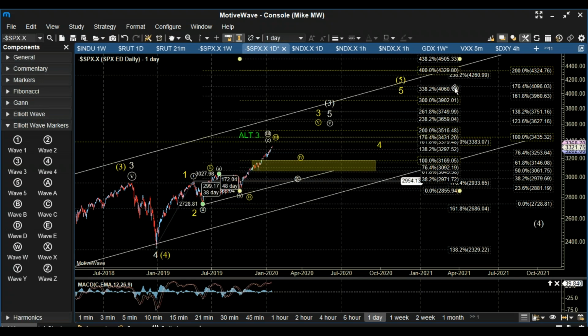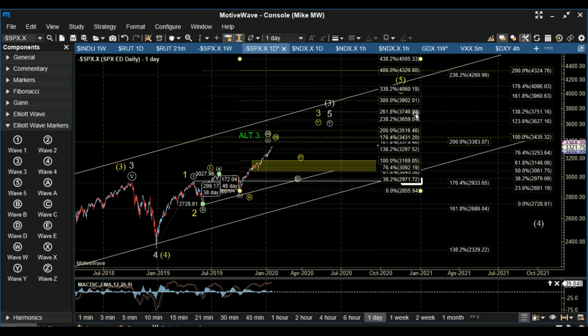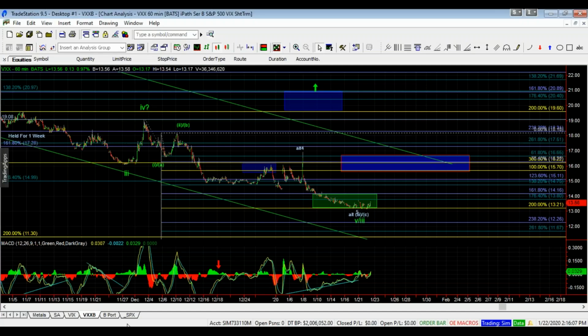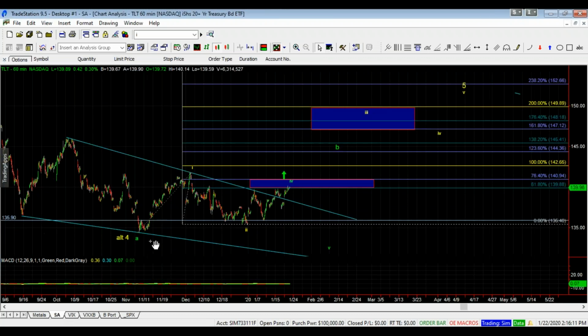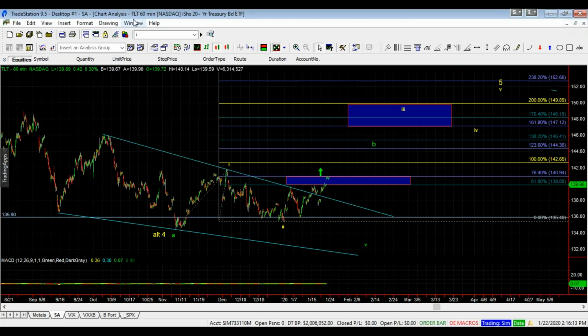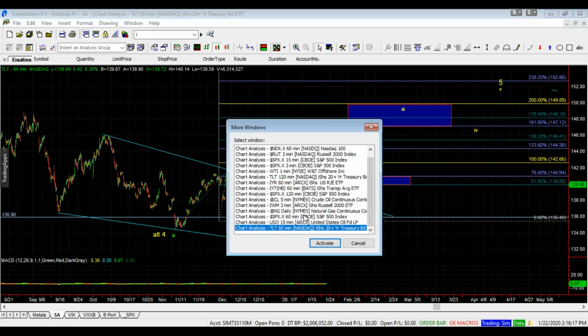So this current wave 3 in this yellow path, the current path that we're on, I've been noting this in my updates. We have a larger fib, the 161.8. Let me pull up my TradeStation chart. I use both TradeStation and MotiveWave, so I'll be flipping back and forth a bit between the two.